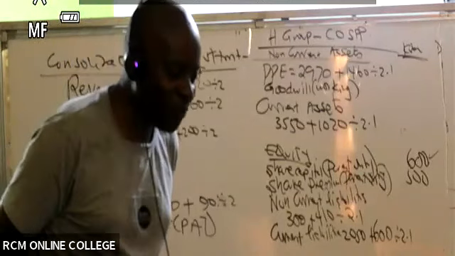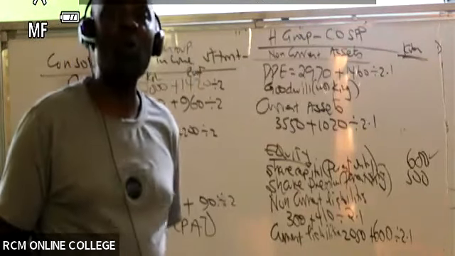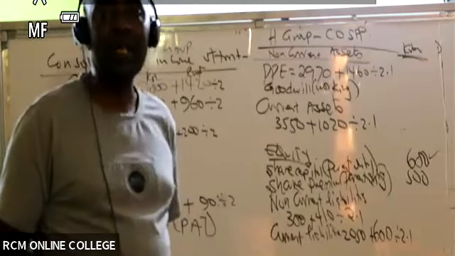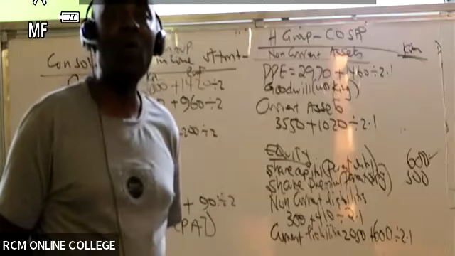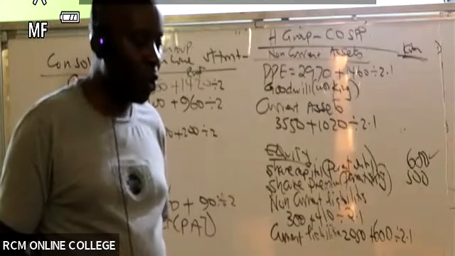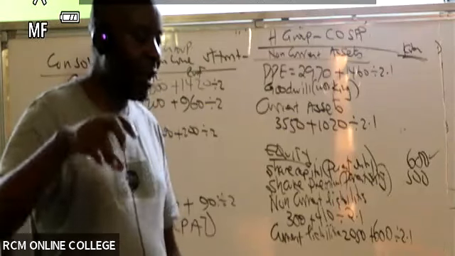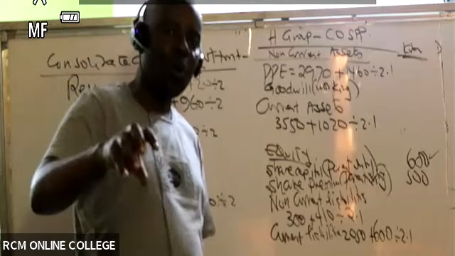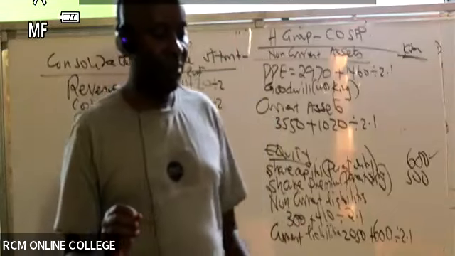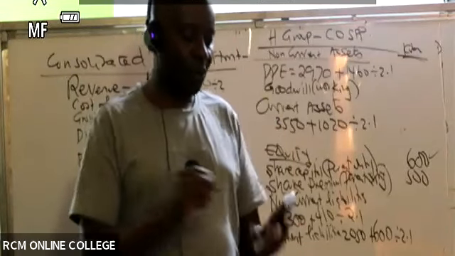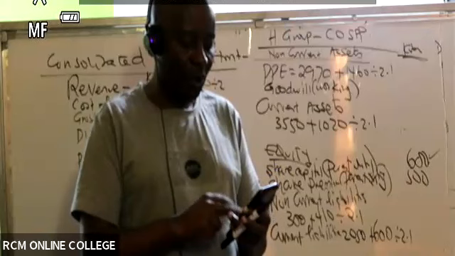To define that very well, you must get to know who sold to the other, who made the sale. You don't look at who purchased. You look at who sold. So in this case here, the parent sold to the subsidiary. So this is a downstream transaction.